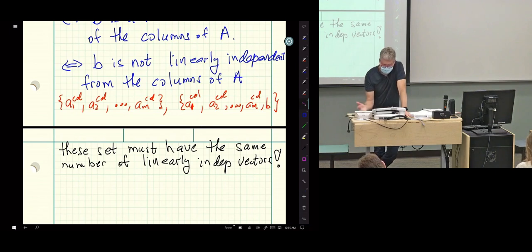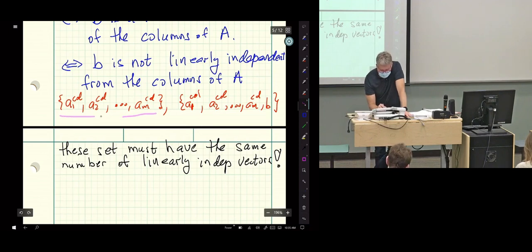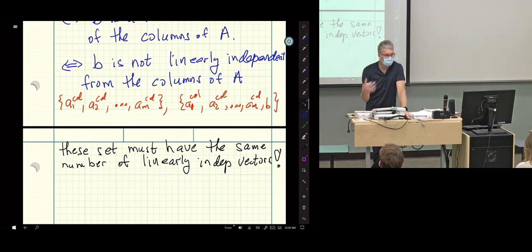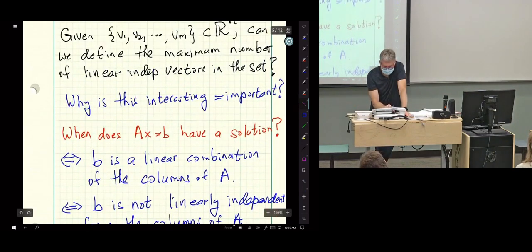So that's why, if I want to test if AX equals B has a solution, I'm going to be comparing the number of linearly independent vectors when I take the columns of A and then I append to it B. I need the same number of linearly independent vectors. That's why that question is interesting.